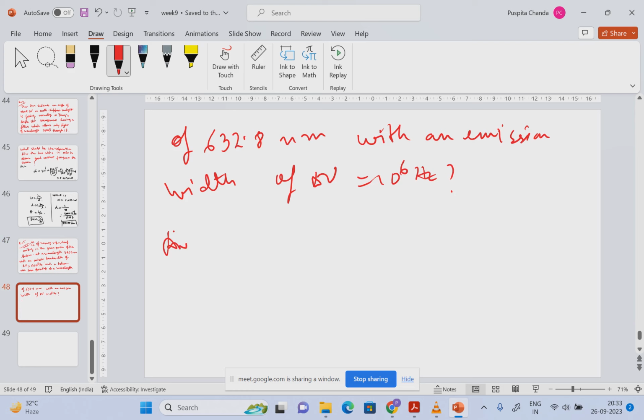So we need to obtain the temporal coherence length.